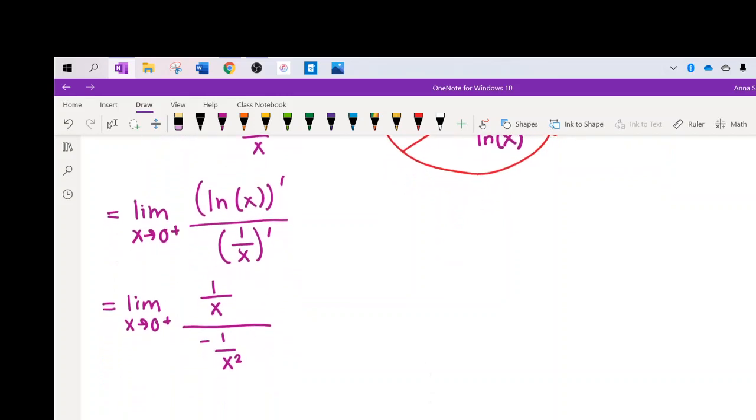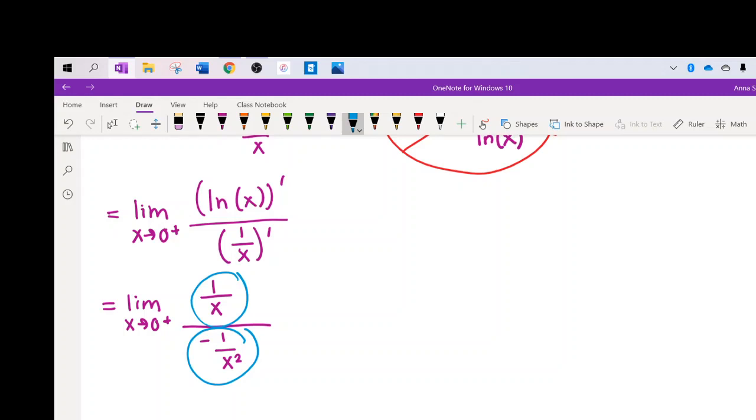Okay, so we could use L'Hopital's rule, and when we get down here, I think this is a really good example where simplifying makes all the difference. You might look at this one and say, the limit of the numerator is infinity, and the limit of the denominator is negative infinity, so I should just use L'Hopital's rule again.